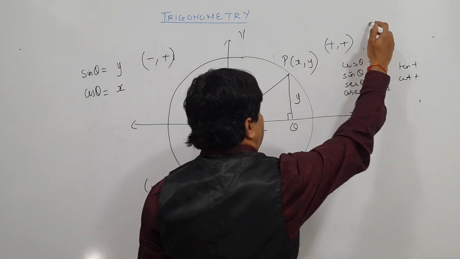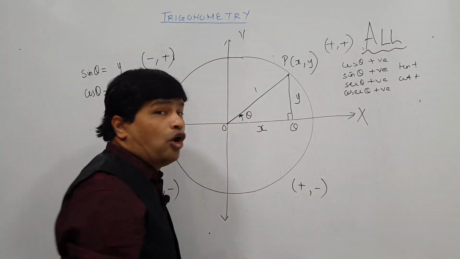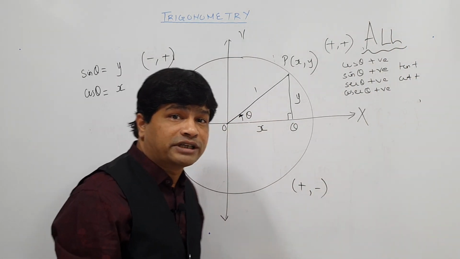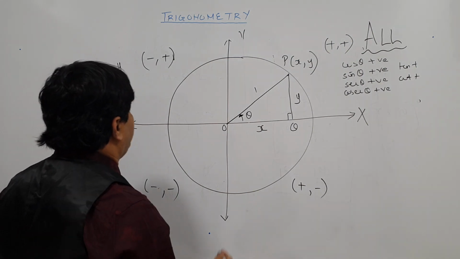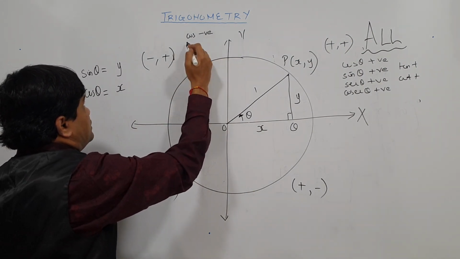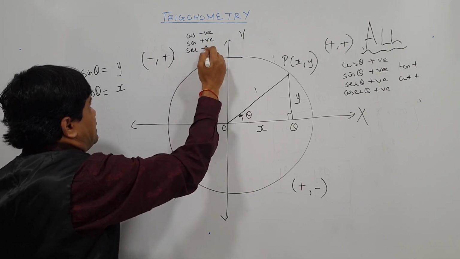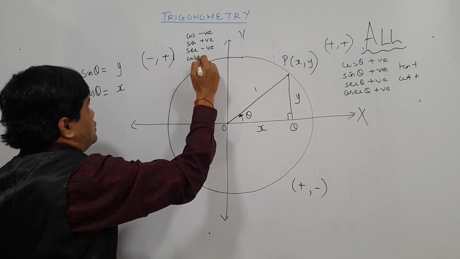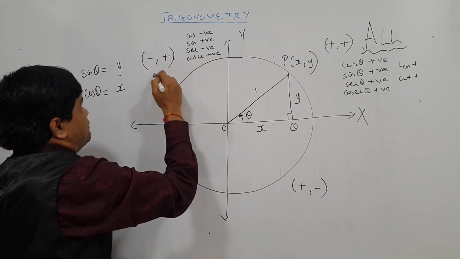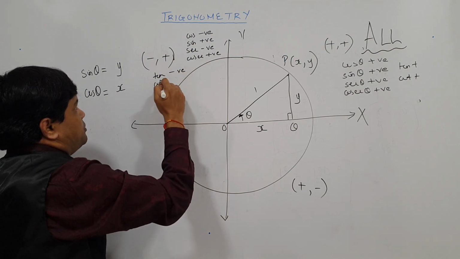So we come to a conclusion, when the angle lies in the first quadrant, all trigonometric ratios are positive. In the second quadrant, cos negative, sine positive, sec negative, cosec positive, tan plus upon minus is minus, reciprocal of tan is minus.